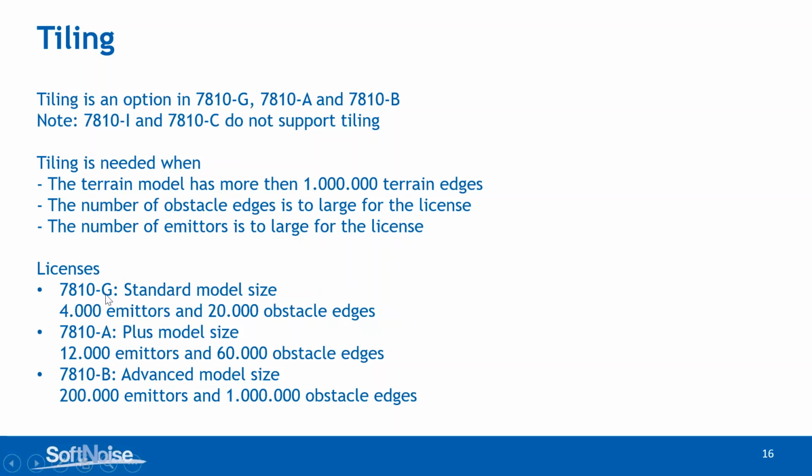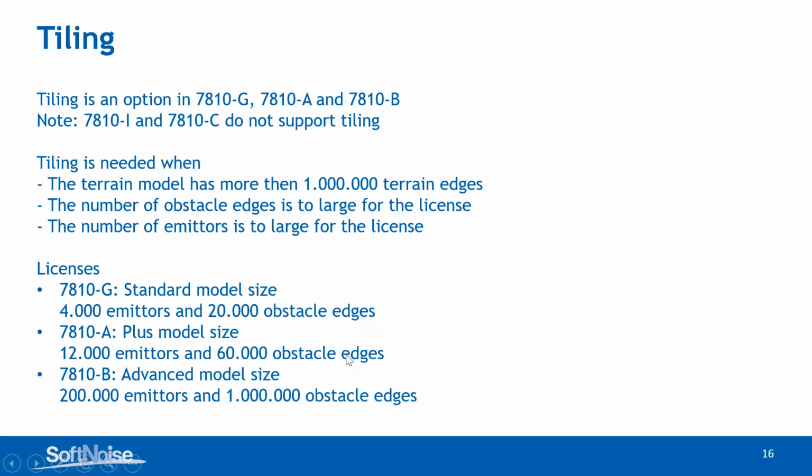So 7810G, 4,000 emitters. An emitter can be seen as either a point source or a segment, a line segment of a road or a railway. That's one emitter. So before your calculation is started, your line sources are segmented, and then every segment is considered to be an emitter. For the plus size model, you can go up to 12,000 emitters and 60,000 obstacle edges.